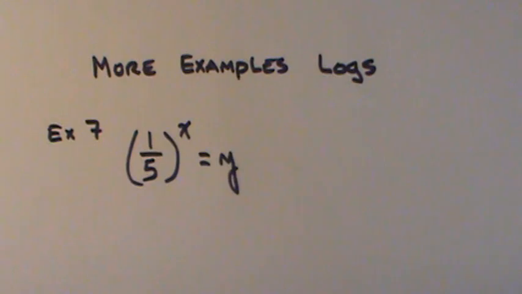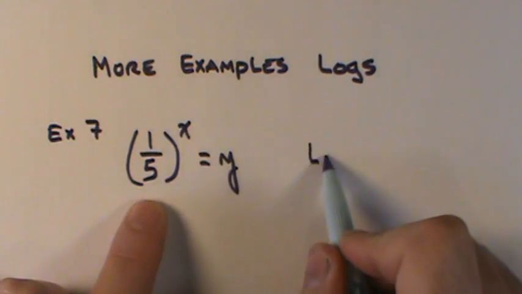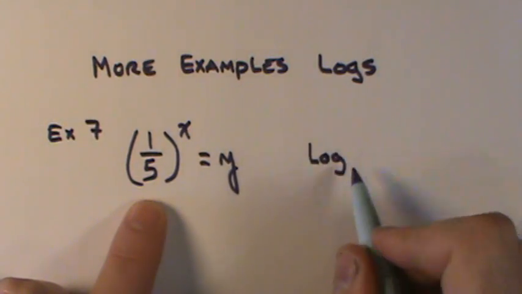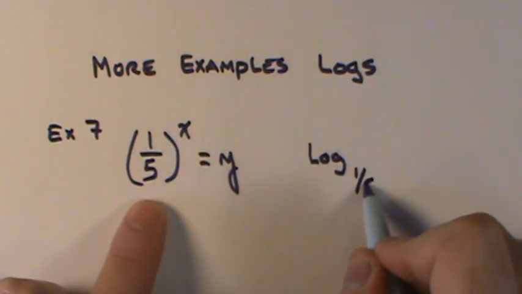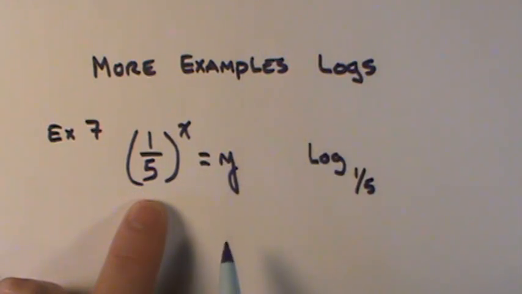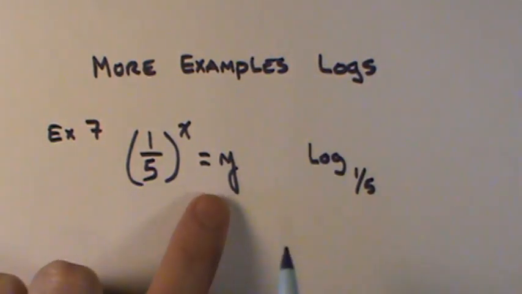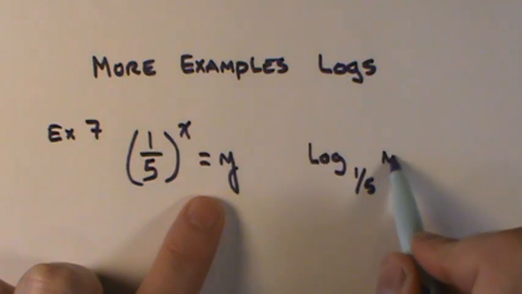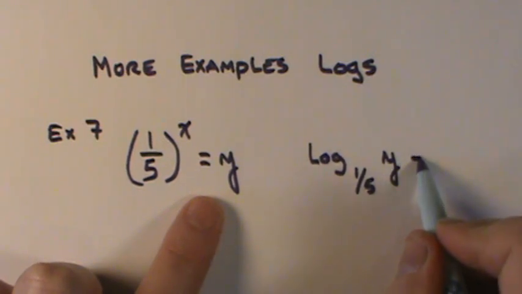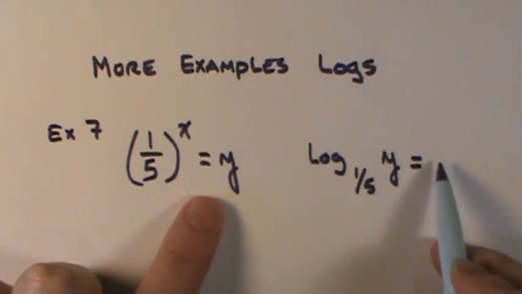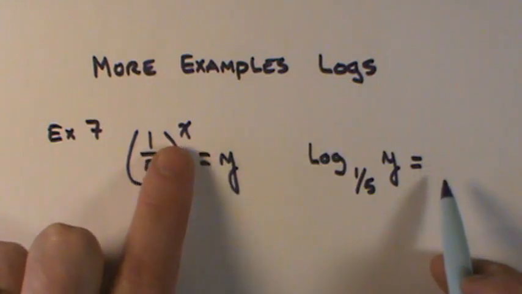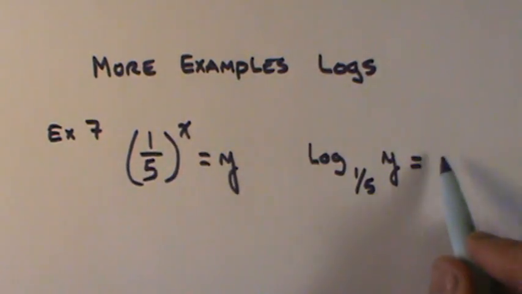To convert this into the log form, I have to ask myself, what is my base? I have a base of 1/5. So I can say log of 1/5. The solution or the answer to the problem is y, so that comes immediately after this. Equals, and it's always equal to the exponential value. The exponent here is an x.